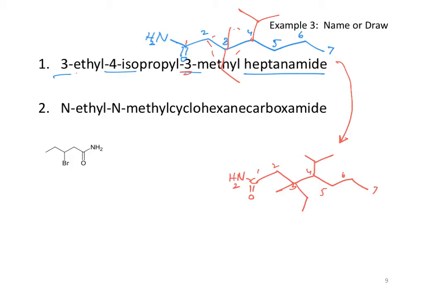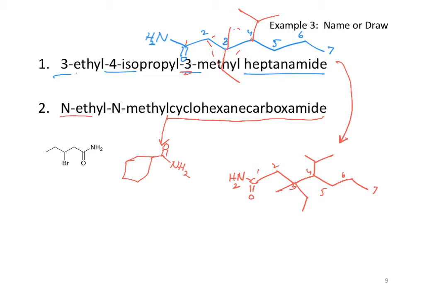So rules that you have learned in Organic Chemistry 1 to draw your structures still hold true. Again, always go with the root name first and then follow it with the substituents rather than the other way around. Cyclohexane carboxamide means that you must have a cyclohexane, and directly connected to that is an amide bond.